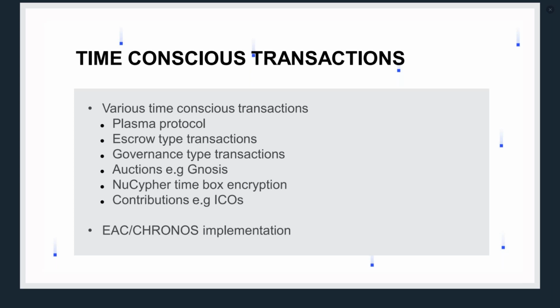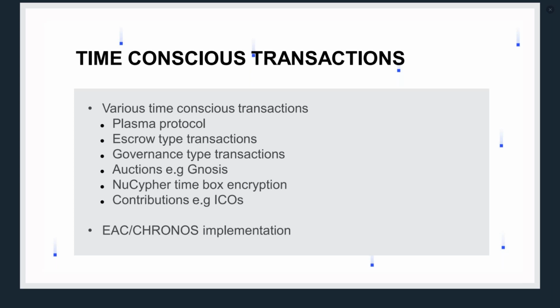So next is auctions, and one good example of this is Gnosis. With Gnosis, there is a model where the price of the item, the possible bid, reduces with time.